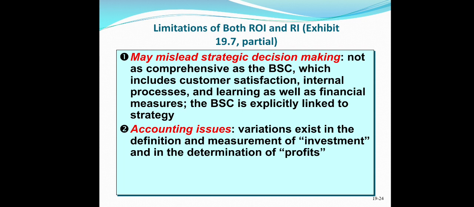If you can remember, the balanced scorecard has 4 components, 4 aspects considered in the performance evaluation system, which is the customer satisfaction, internal process, learning, and the financial measures. So the balanced scorecard is more comprehensive compared to ROI and RI.